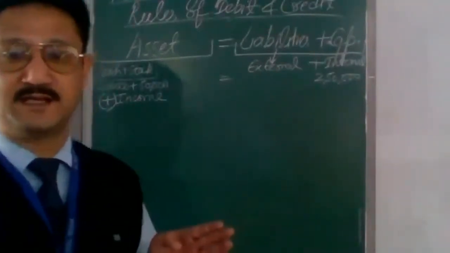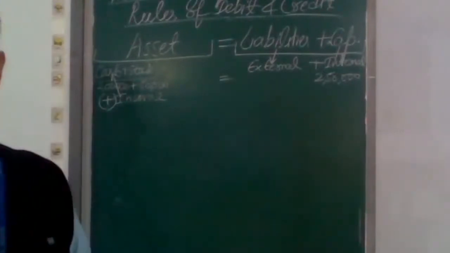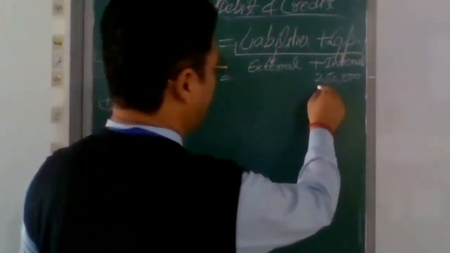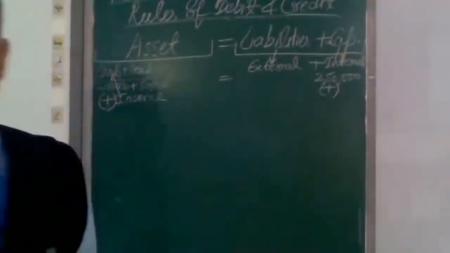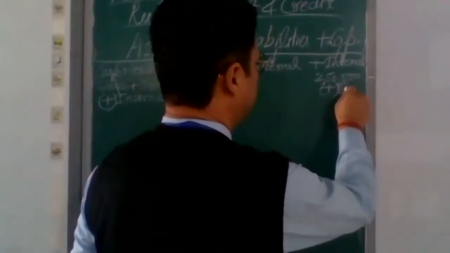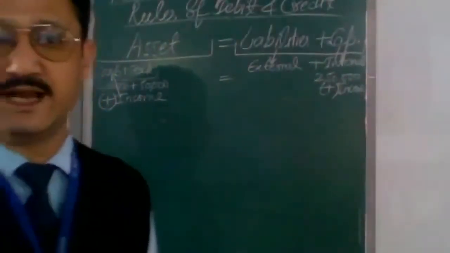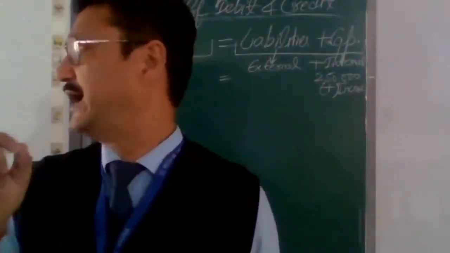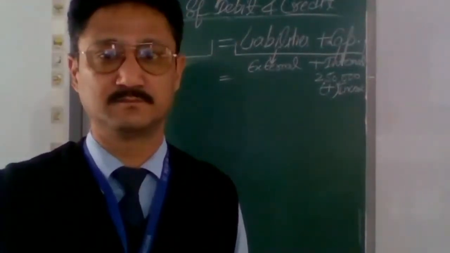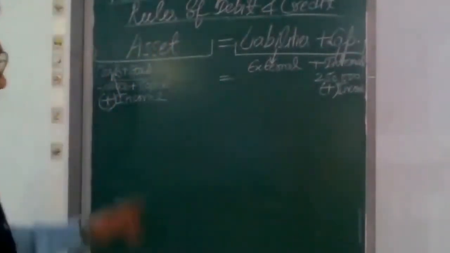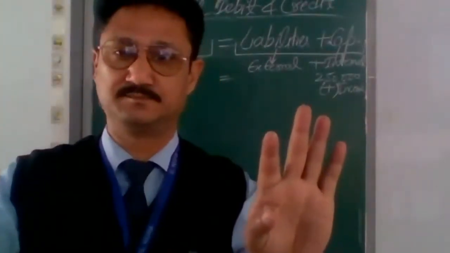Any sort of income received will be added in cash and will be added in capital, right? Any sort of income received will be added in cash and capital on both the sides. Therefore, both the sides will remain the same.